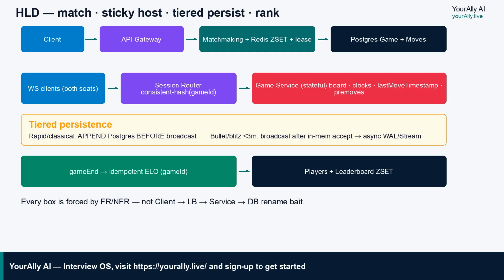Generation fence so the dead process cannot write. Postgres slow on bullet: the async path already protected the felt latency. Deploy: prefer draining so healthy games do not reshuffle on membership change. Name Akka or Orleans style systems as production cousins without requiring you to implement them today.